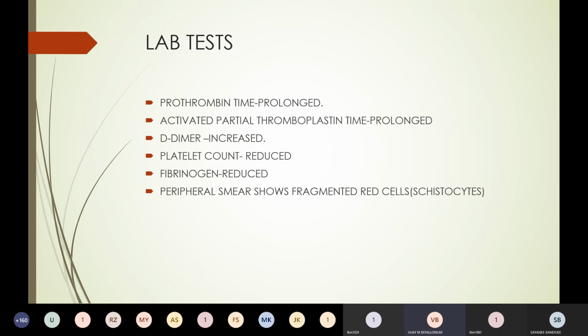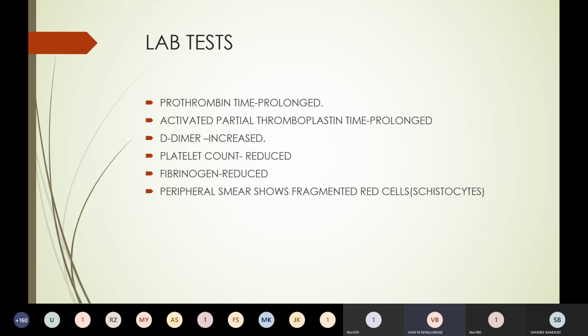So what lab tests can we do? The most common are the times. What are these times? Prothrombin time is prolonged. Activated partial thromboplastin time is prolonged. D-dimer is increased.